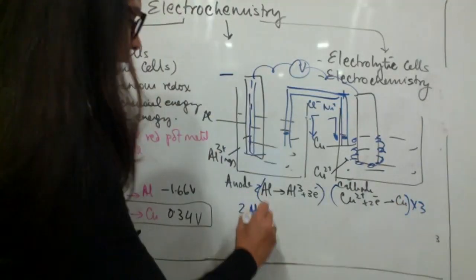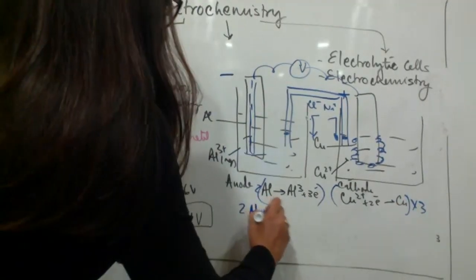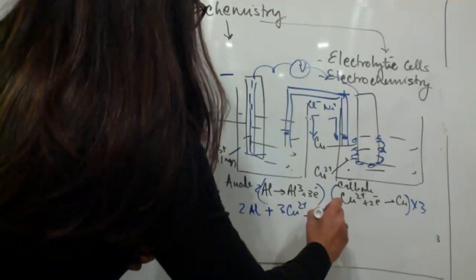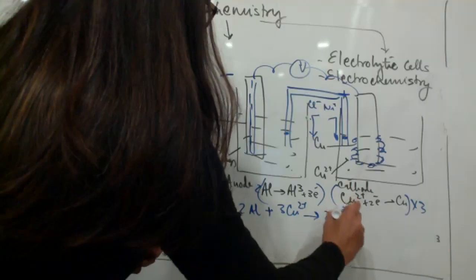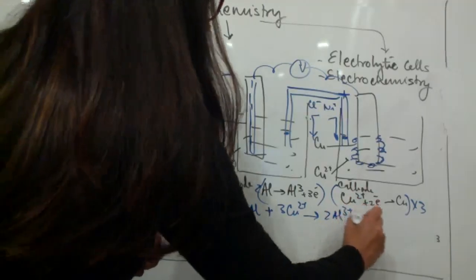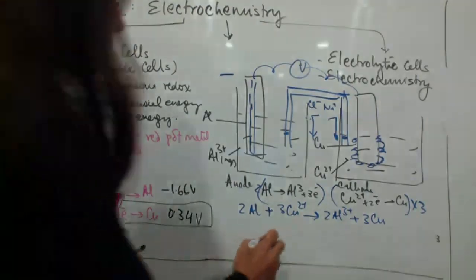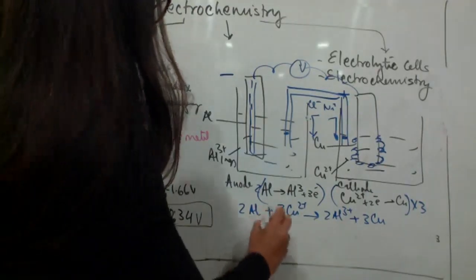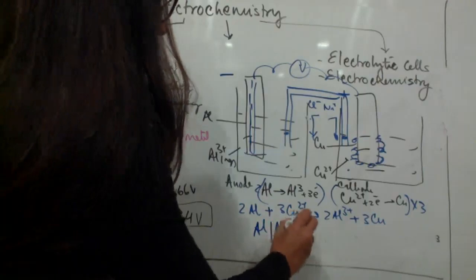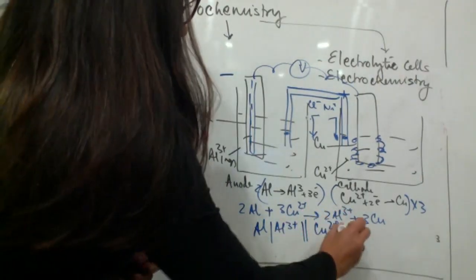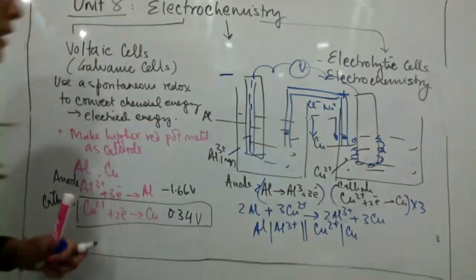So it'll be 2Al plus 3Cu2+ gives you 2Al3+ plus 3Cu. And the shorthand version will be Al | Al3+ || Cu2+ | Cu. That's the net of the reaction.